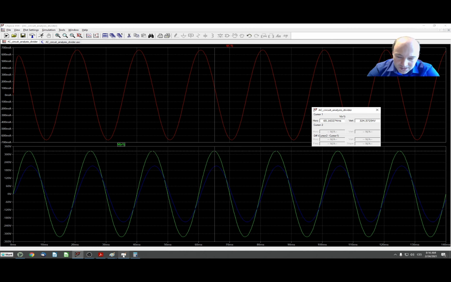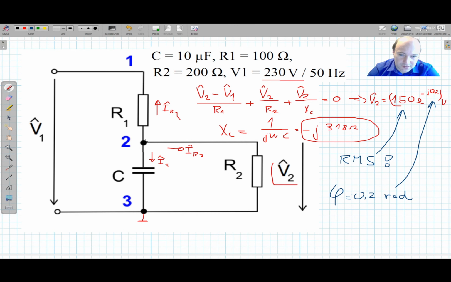So the advantage of a method like this is that we don't need to solve a set of differential equations. All these are algebraic equations, but the point is that this works only in steady state.